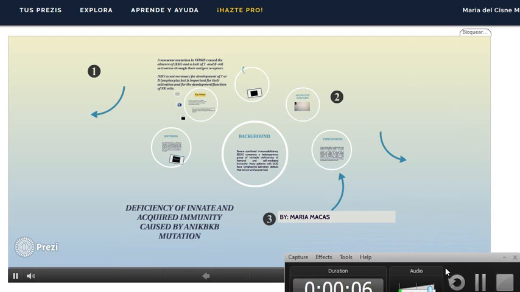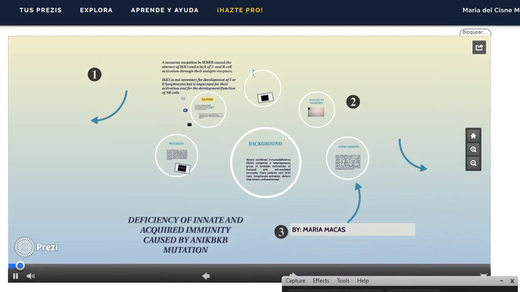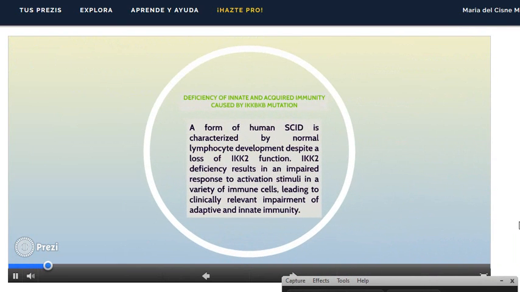Ikbkb mutation. Deficiency of innate and acquired immunity caused by Ikbkb mutation.